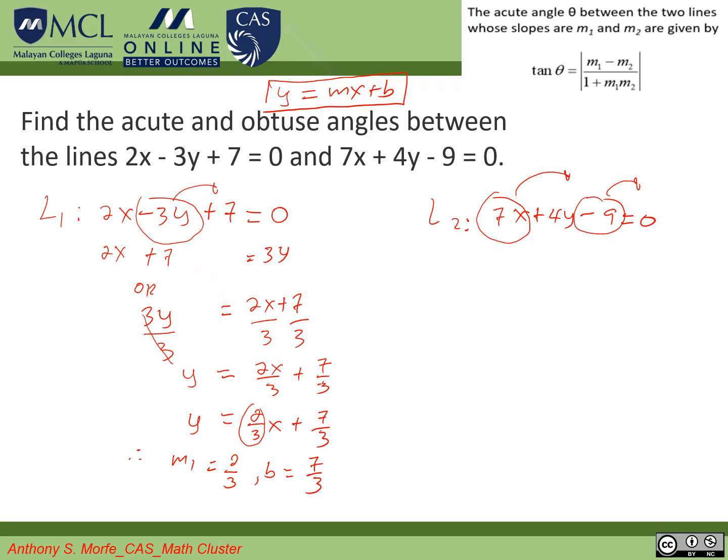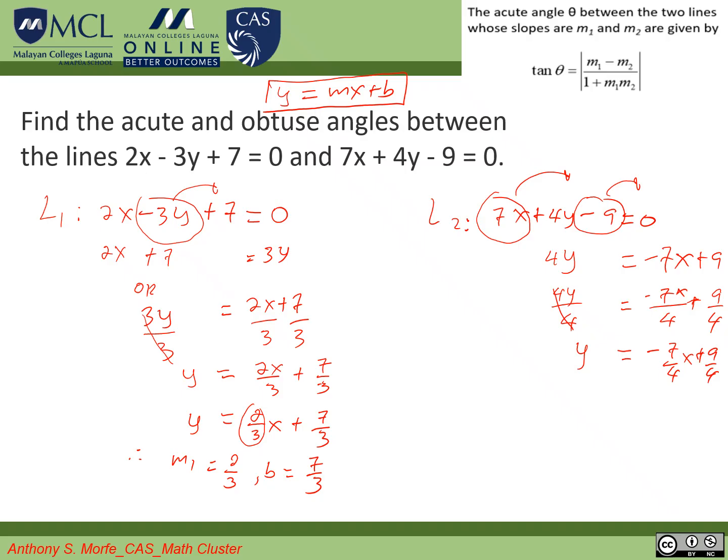So in this case we want to solve for y in terms of x, so put x and the others to the other side. So we have 4y equals minus 7x plus 9. To solve for y, divide both sides by 4. So 4y divided by 4, then minus 7x divided by 4 plus 9 divided by 4. So y equal to minus 7 over 4 times x plus 9 over 4.